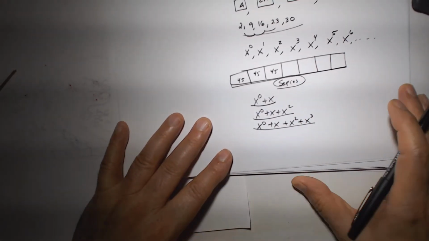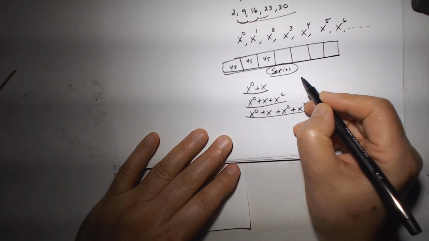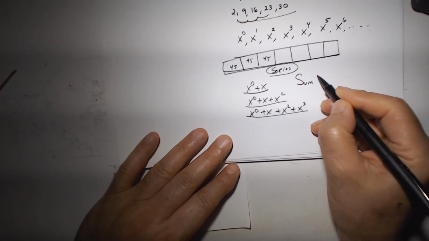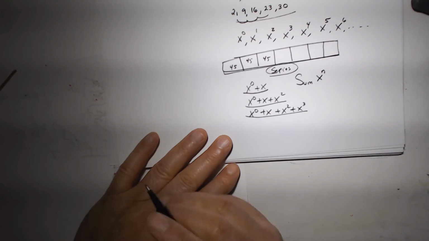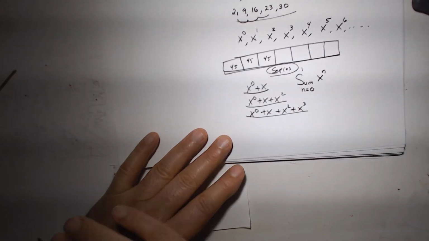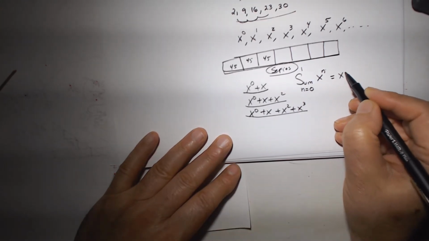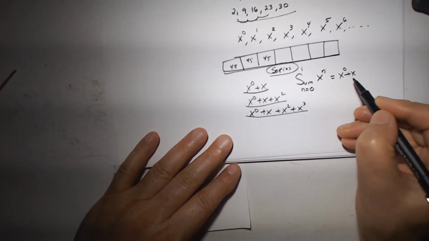Then somebody said, how can I simplify this? I said, this is a sum of x to the power of n when n starts from 0 and goes all the way to 1. Therefore, you go in here and replace the n by 0 and sum up.